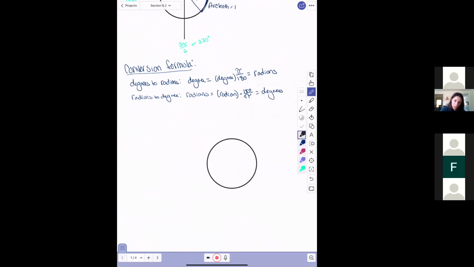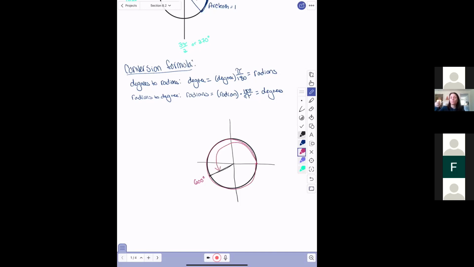The angle 600, I know is about here. But when it's 600 degrees, we start here and we go around one whole time and this extra.